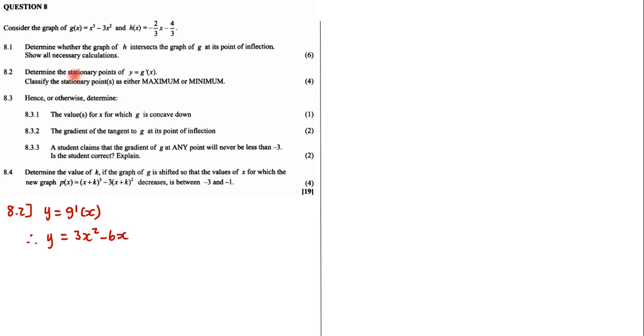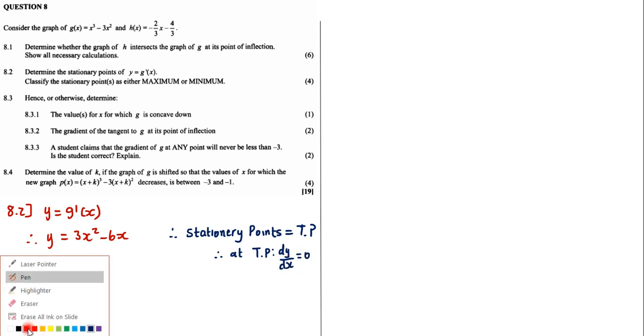Now here we need to determine the stationary points of this equation. Stationary points, let me just write it here, is the same as the turning point. And we all know that at the turning point, the derivative is always 0, right?